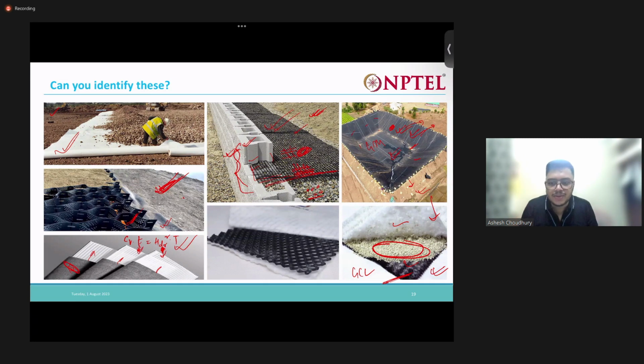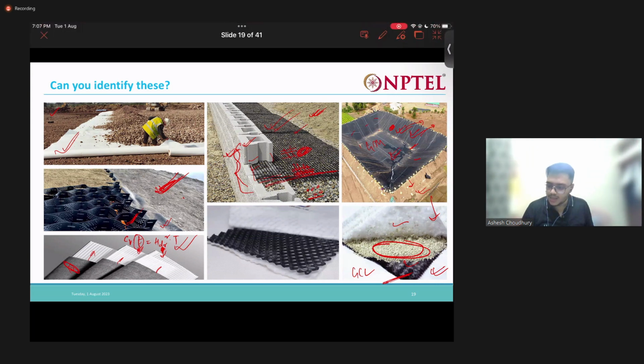So our main task by using PVD is that we are reducing the drainage path and allowing more drainage to occur, so that the time of consolidation also reduces.